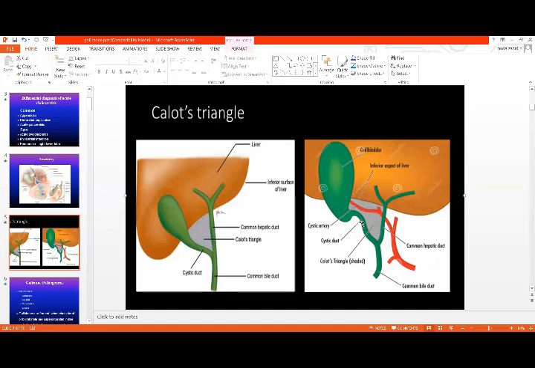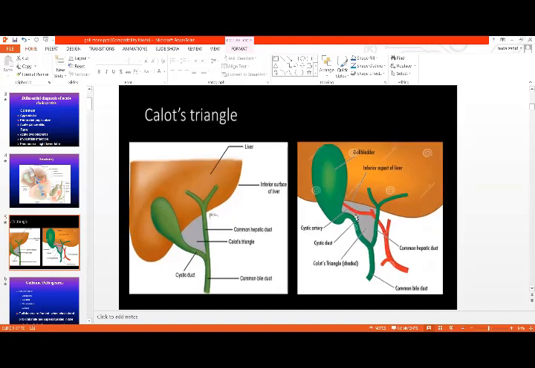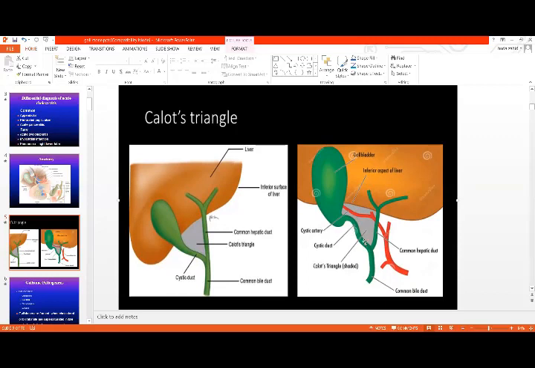Alright, ligation. Ligate at 2 points and divide it in the middle. When you do a laparoscopic cholecystectomy, apply clips there, 2 clips proximally and 1 distally.